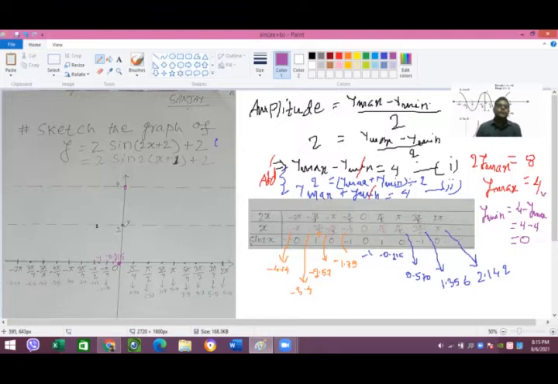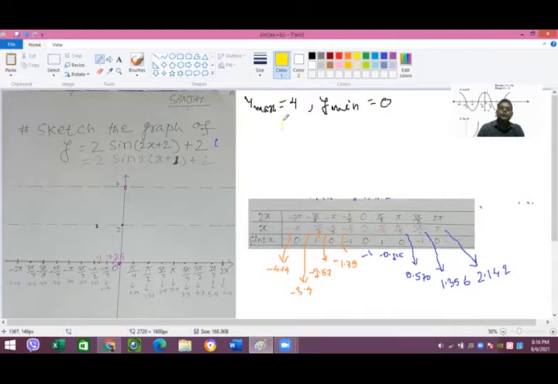That means the graph that has to show the property along this x-axis will be shown at the line y equals 2. Now the period for sine is 2 pi.